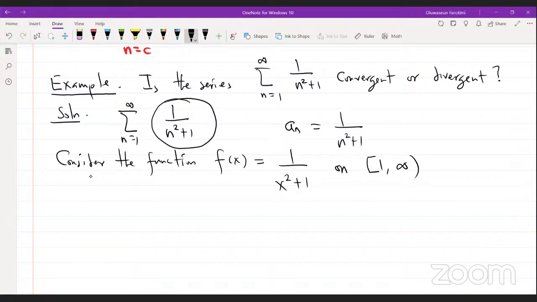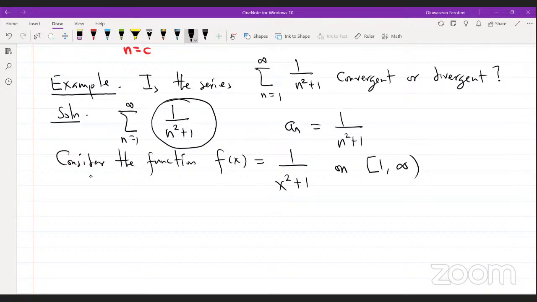Now, how do I know this interval? Good question, guys. Remember that your n is running from 1 to infinity. So that's why you have a 1 here to infinity. Now, if n were running from 2 to infinity, that means this interval has to be 2 to infinity. Okay, make sense?